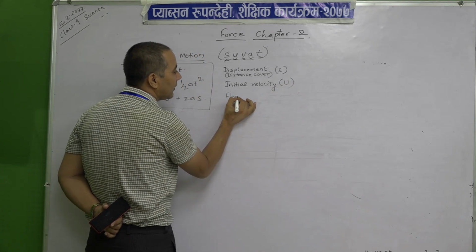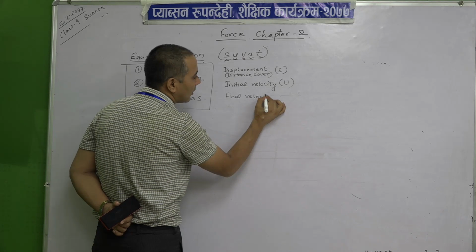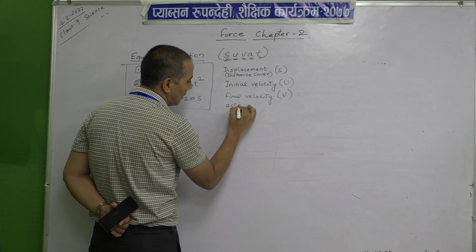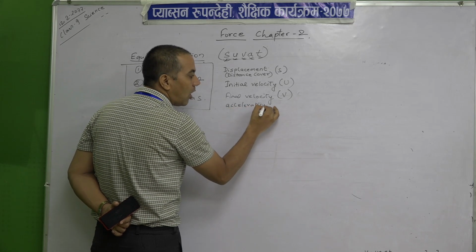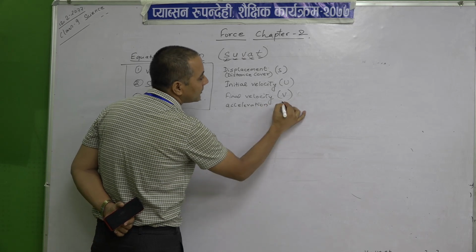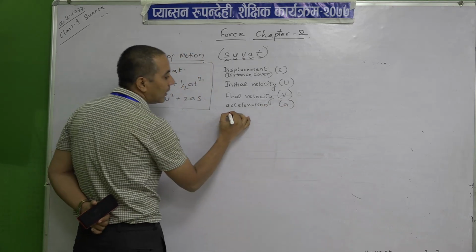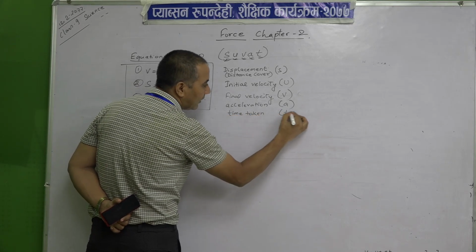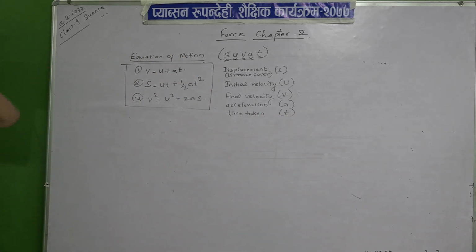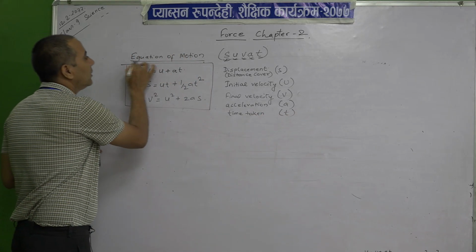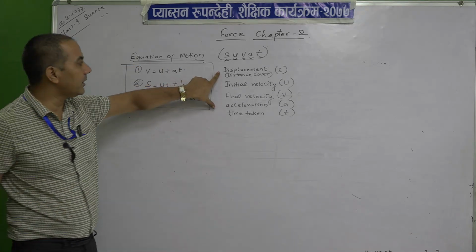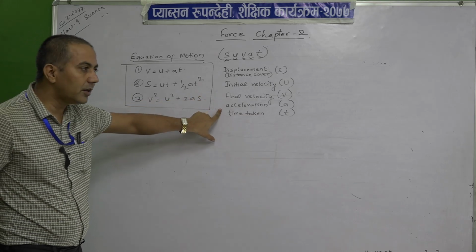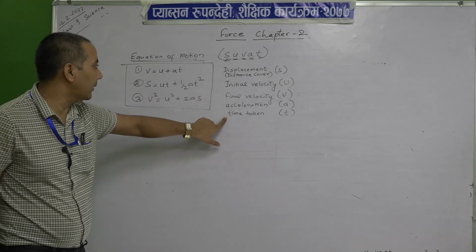Final velocity, v. Then acceleration of an object is denoted by a, and time taken is denoted by t. So in the equations of motion, we use 5 quantities: displacement, initial velocity, final velocity, acceleration and time taken.